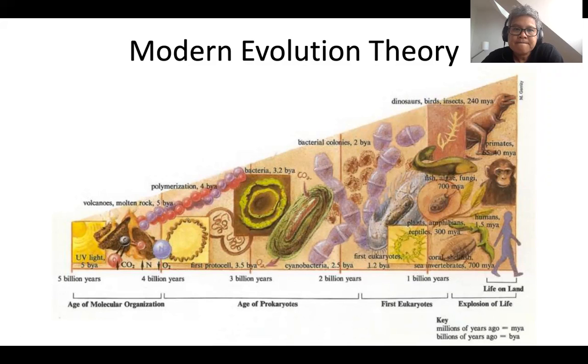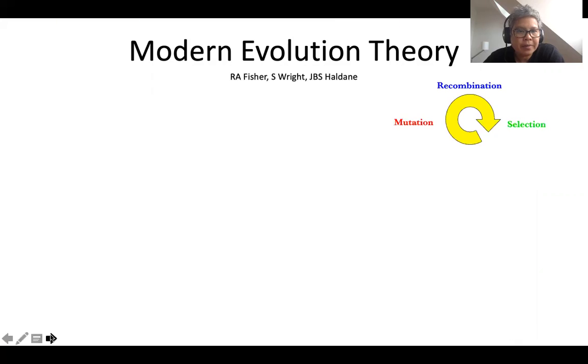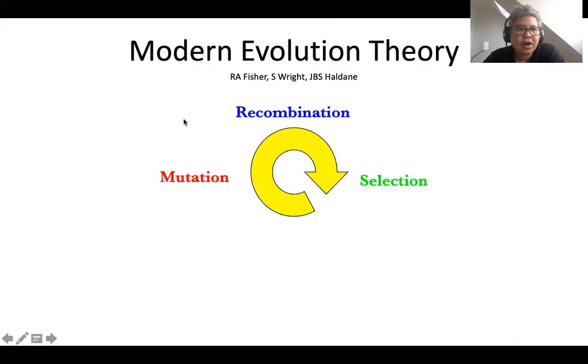When scientists study this evolution, they come up with a pretty simple theory called evolution theory, that basically all this evolution that we see from the beginning is composed of only 3 things. These are the mathematicians who study evolution.